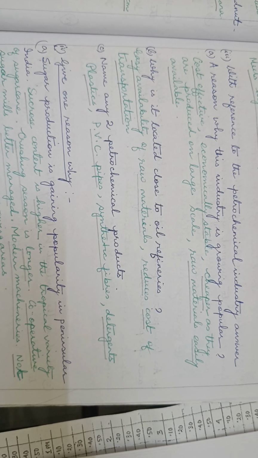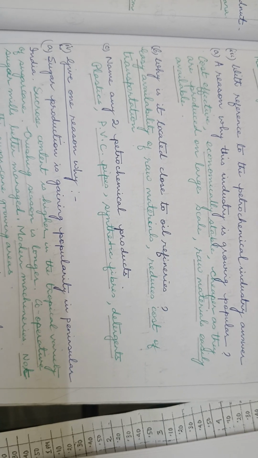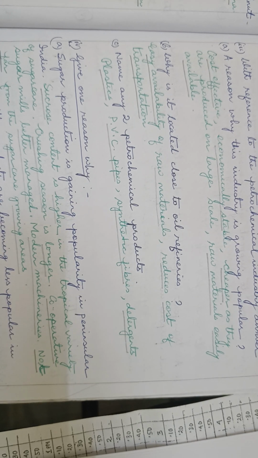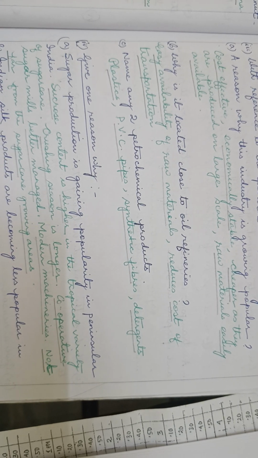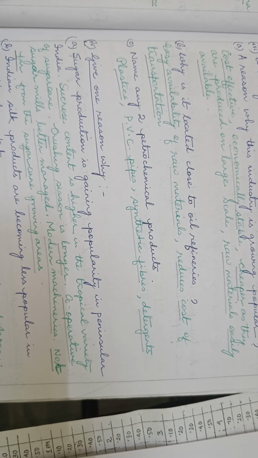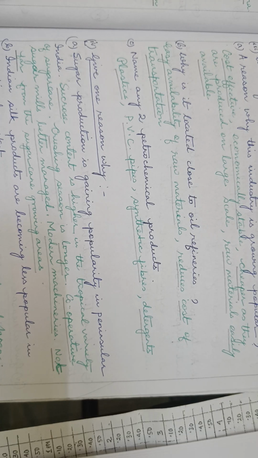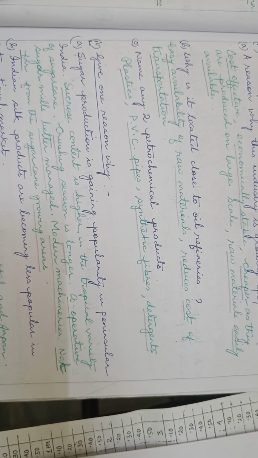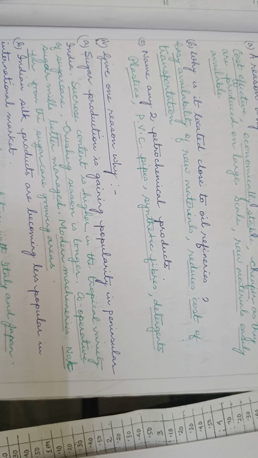The reason, easy availability of raw materials. And next is it reduces cost of transportation. Next, two petrochemical products: plastics, PVC pipes, synthetic fibers, detergents, etc.